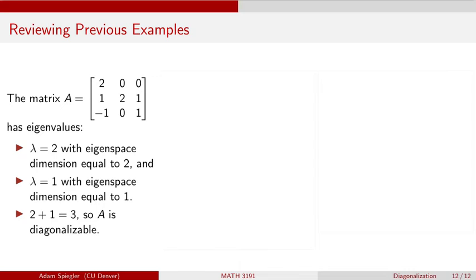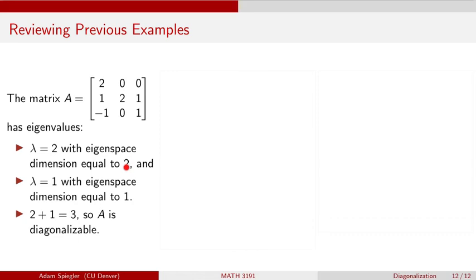And we found that this matrix had two eigenvalues, lambda equals 1 and lambda equals 2. And lambda equals 2 occurred with multiplicity 2. However, we were able to find that the eigenspace for this eigenvalue also had dimension 2. Lambda 1 just occurred with multiplicity 1, so its eigenspace is going to have dimension 1.